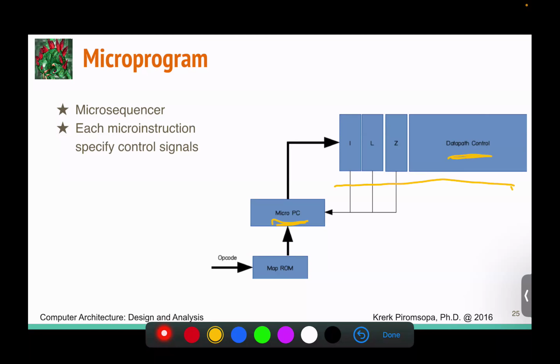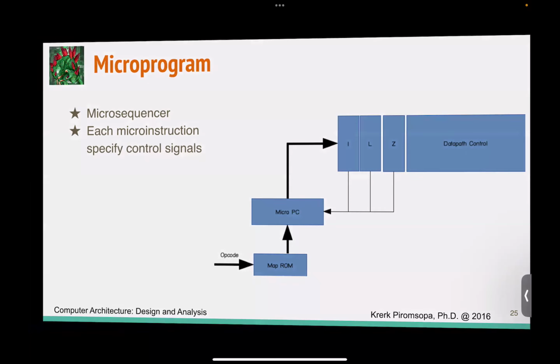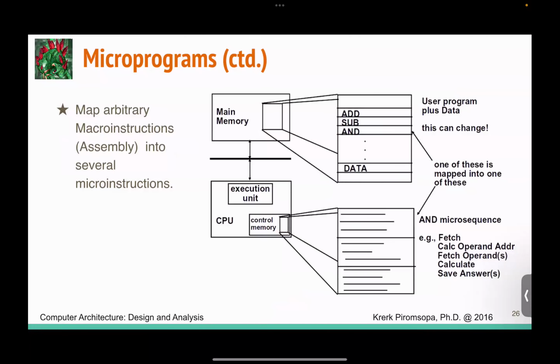This is the model first. We use micro PC to point to this ROM, or this also another ROM. And it would make sequence. Okay, this is how it works. Let's see the real things here.